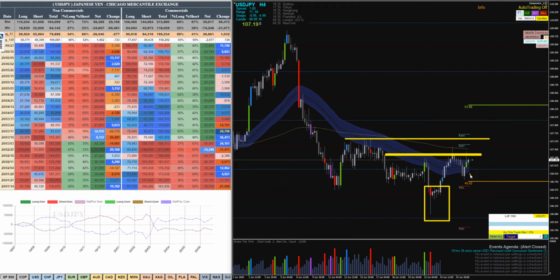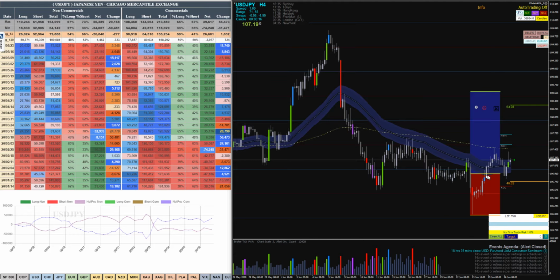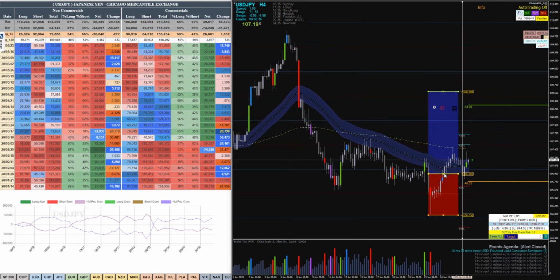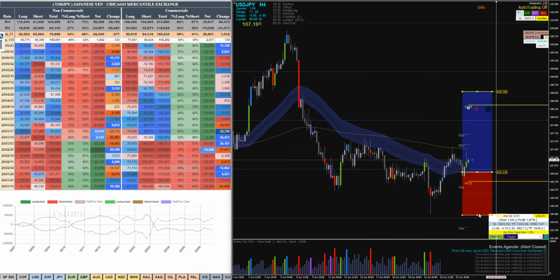So I will be looking for the long on this pair this week, and again I will want to see some slight correction, and I think some trade like this could work.